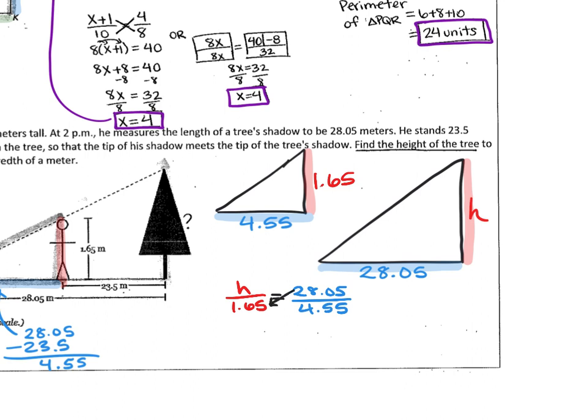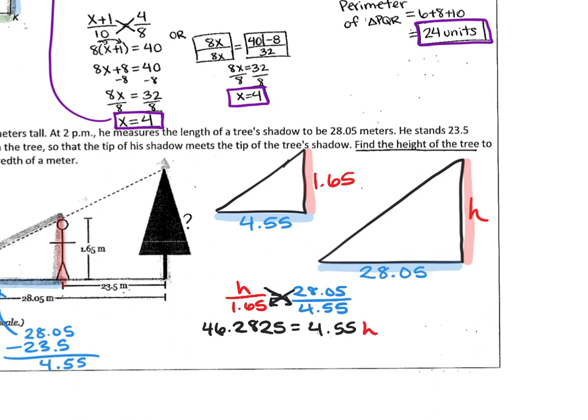Cross multiply. Okay, so in your calculators, please, can someone do 28.05 times 1.65? Trusting you can type this in a calculator later since no one calculated it for me. Come on. We get 46.2825. If I multiply the other direction, I get 4.55 times h.